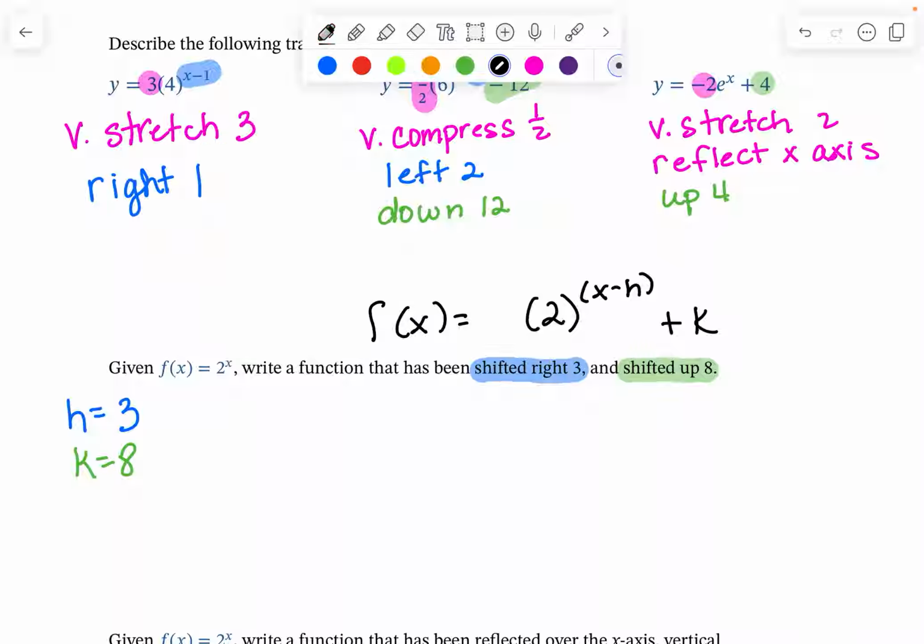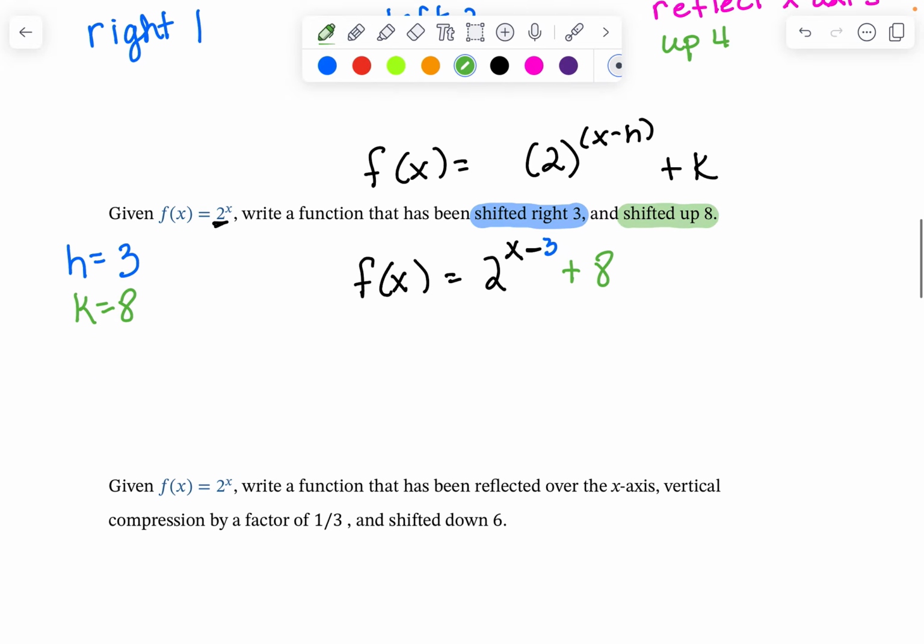Okay. Vertical compression by a factor of 1/3. So if I put all of that together, a is going to be a negative 1/3. Then it says shifted down 6, so that's my k. When I think of down, you think of negative.